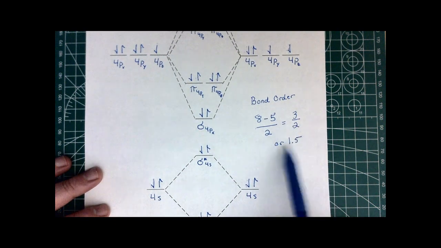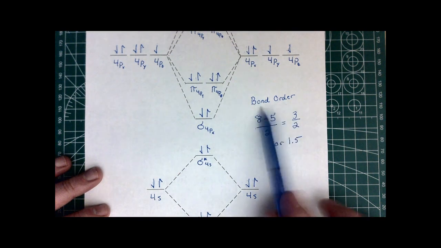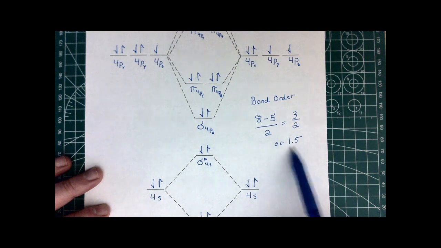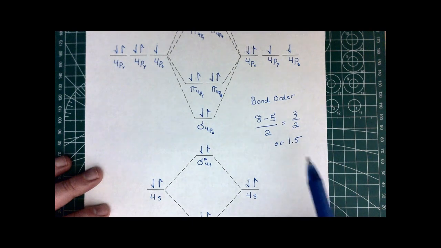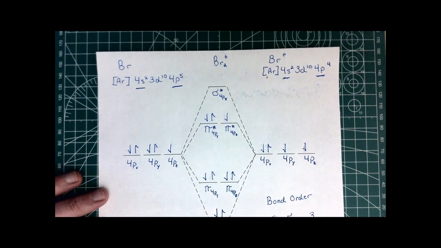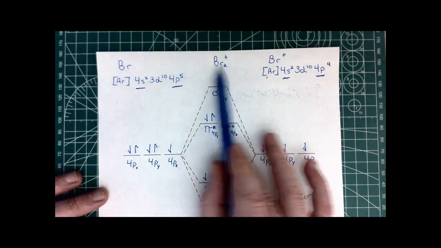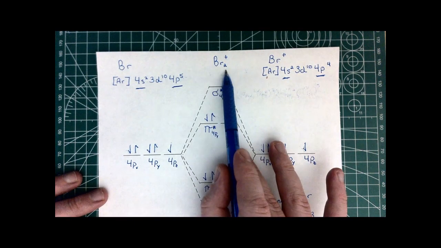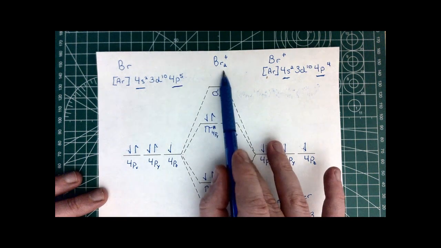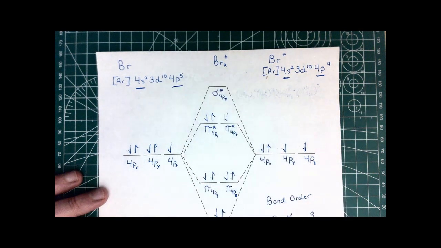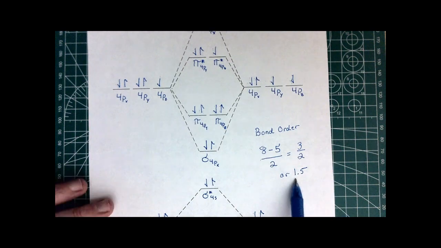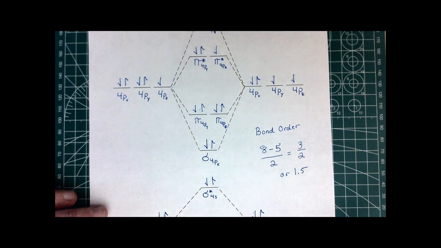We get 3/2, or a bond order of 1.5. The way we're calculating bond order here allows for a fractional bond, a 1.5 bond. And in practice, you will see a bond distance between these 2 bromine atoms that is close to 1.5. It's somewhere between a single and a double bond.